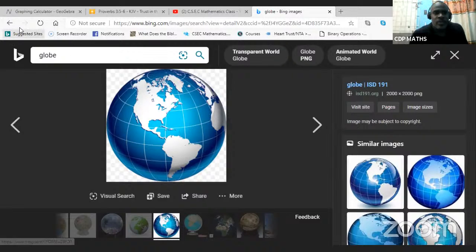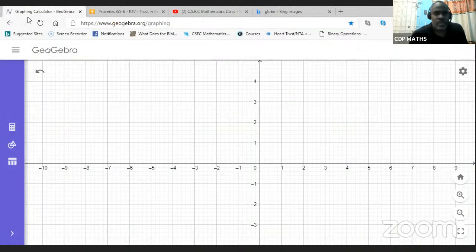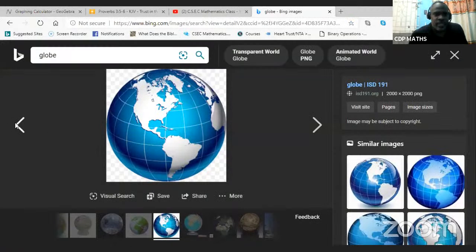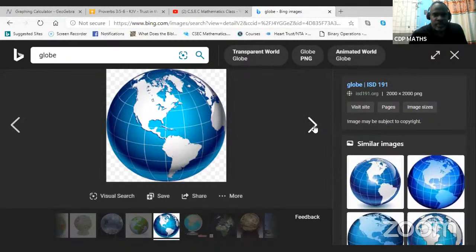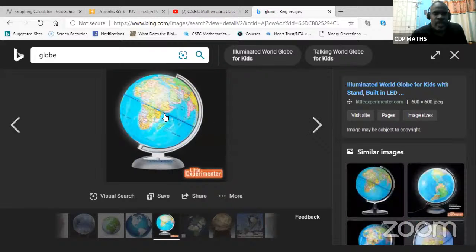Now let's go back to our Cartesian plane. But before that, I want to see the line itself. Let's find a picture with the line itself. As you can see right here, see this line here? That's the equator. That's our equator.